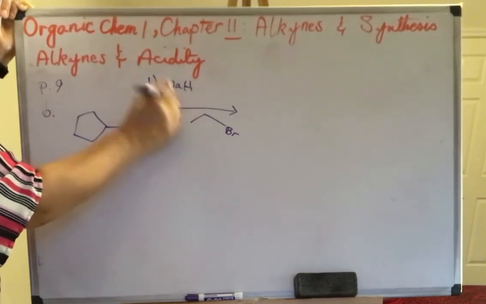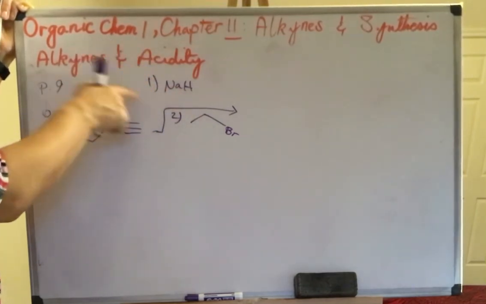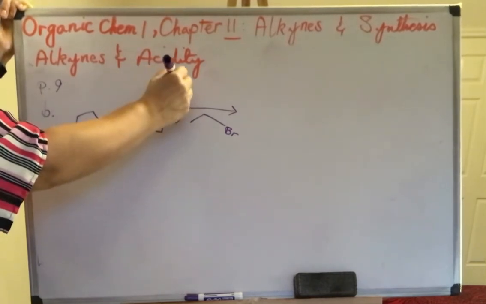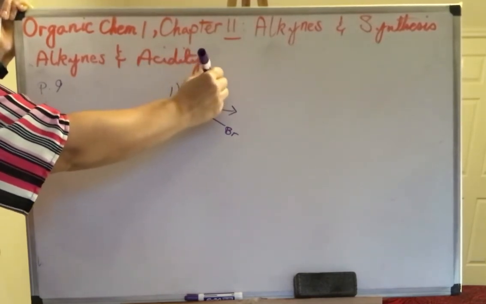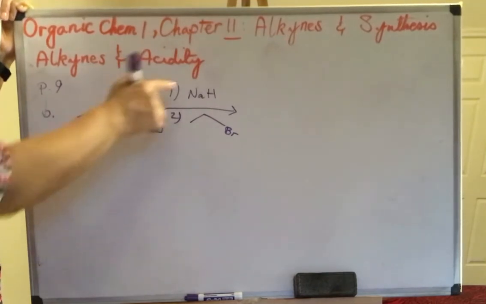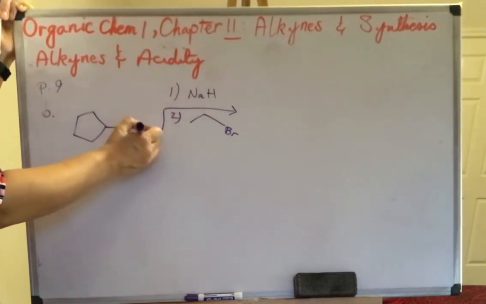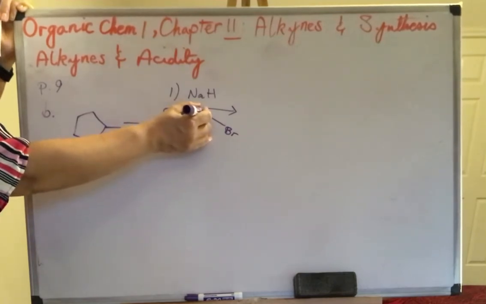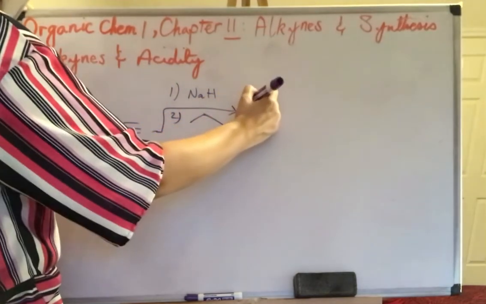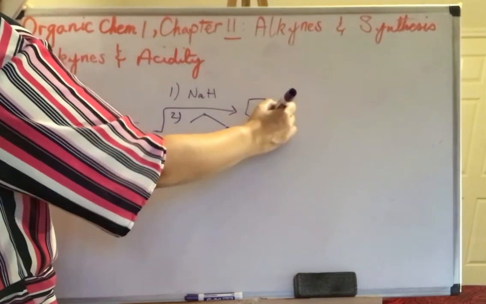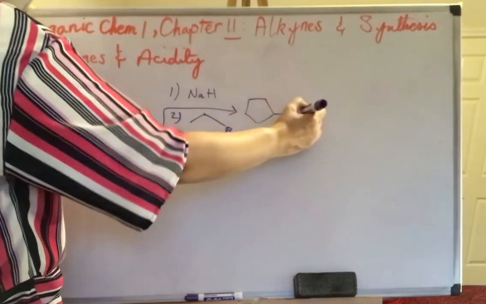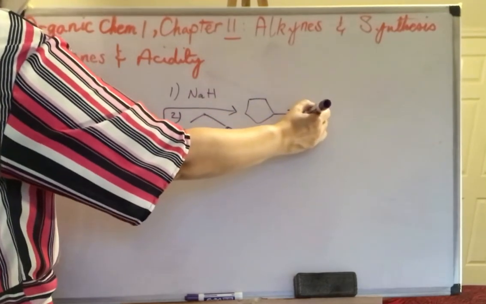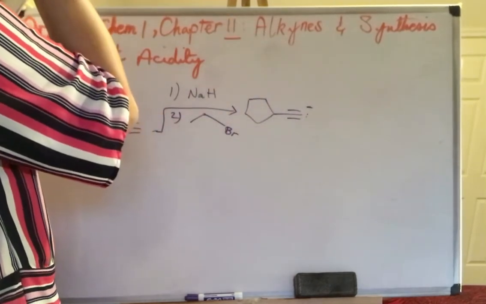I told you, whenever you have different numbers and reagents on the arrow, it means that we need the final product. So NaH is going to separate this hydrogen. The hydrogen is going to attack this carbon. So your final product, if I want to show step by step, let me show it. We will have this, right? This is a negative charge because this is a lone pair of electrons.